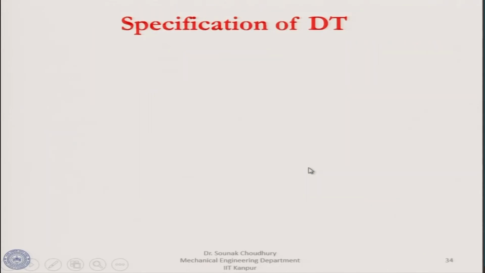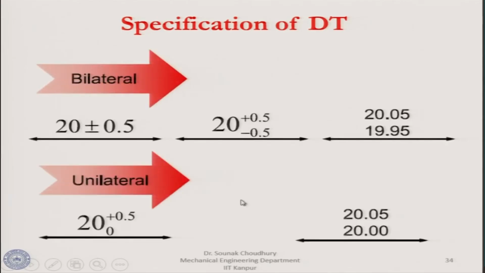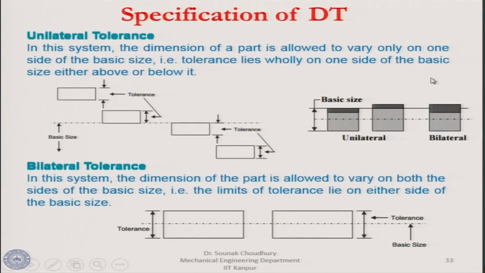That means upper limit and lower limit both will have some limit. In unilateral, the lower limit is 0 and the upper limit is this. So, this is called the unilateral and this is called the bilateral. This is exactly what is shown here, through the tolerance zone.